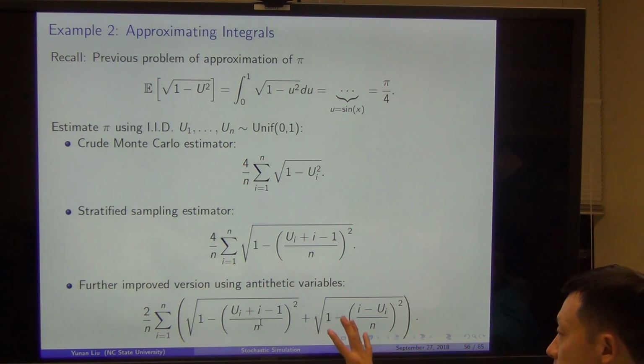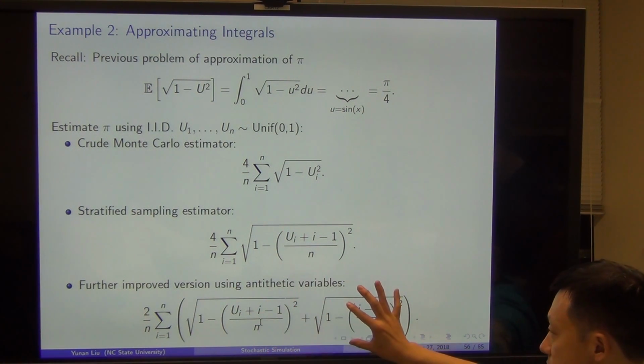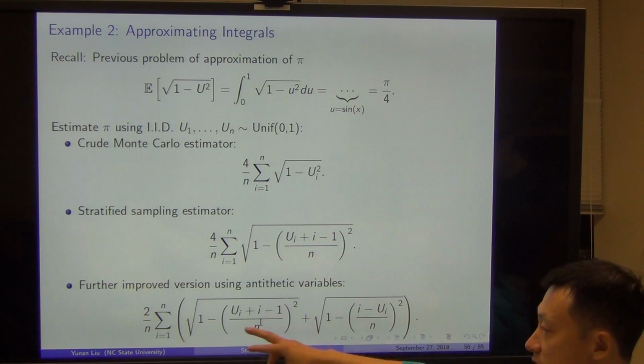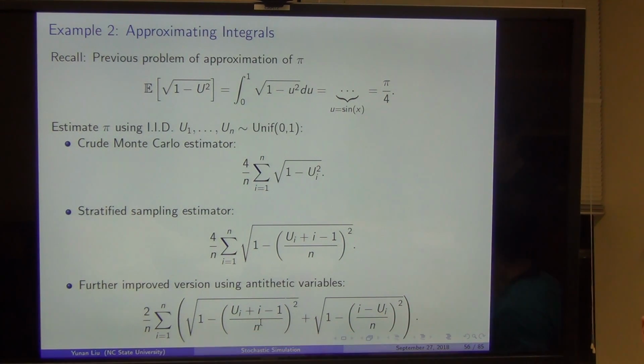So I have this guy plus the 1 minus u version of it, and I divide by 2, so I have a 2 over n here. So I can further improve this estimator by applying the idea of antithetic variables. Right? Make sense? So when you have multiple methods, sometimes you can combine and apply more than one method to achieve additional variance reduction.